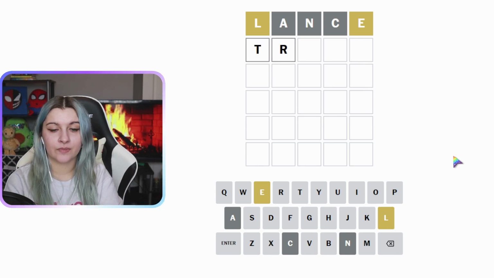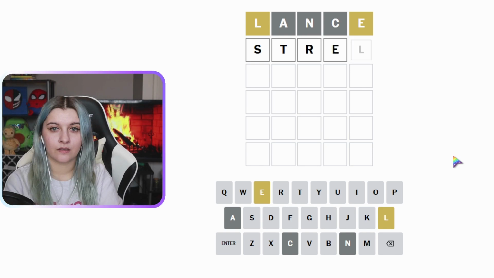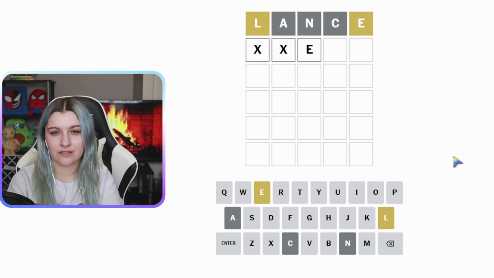Let's get some more consonants. Like, oh, I was thinking trial. I need an E though. Is this a word? I want more consonants though. ST. I want to use 4 consonants if possible.